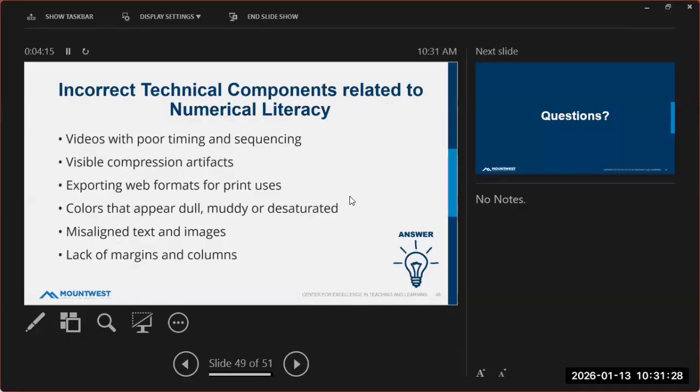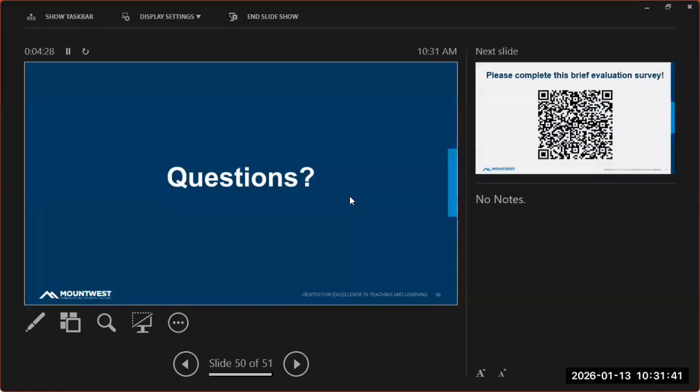For me, that's my numerical literacy. That seems like it would fit the bill, or the fact that they need to use technical aspects and make sure their production is proper.